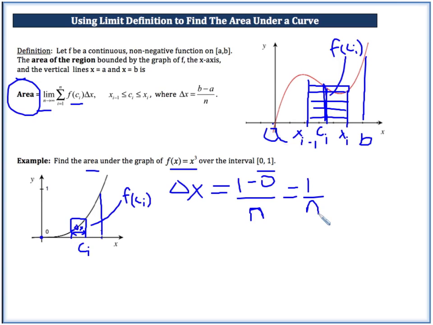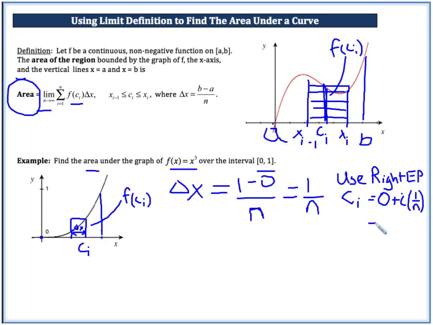Now we already talked about using our right endpoints. Okay, and so when we look at this, c sub i is going to equal, well, our starting point is at 0, and then plus i times delta x, or 1 over n.